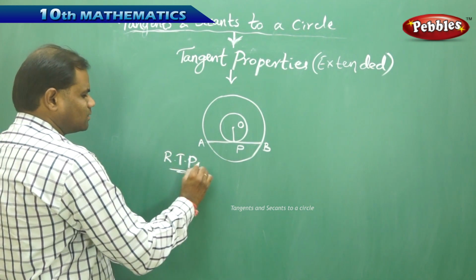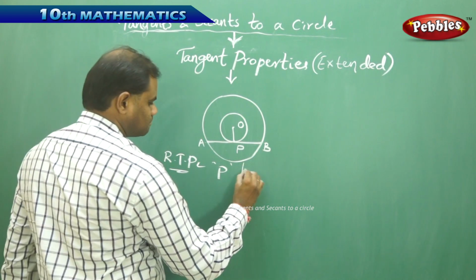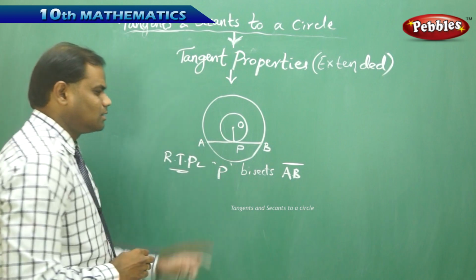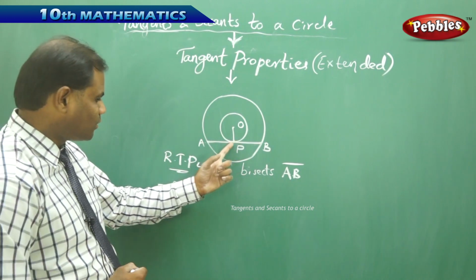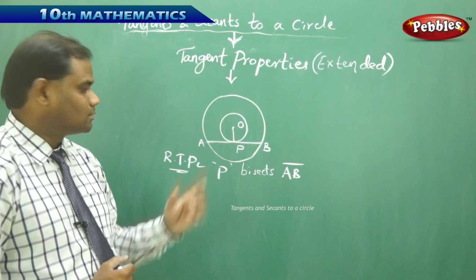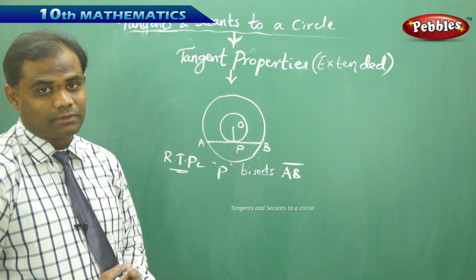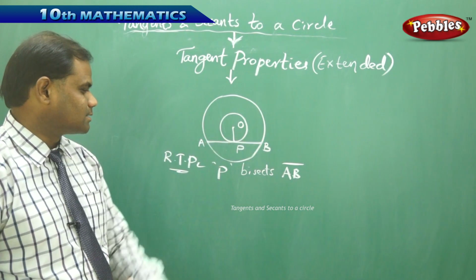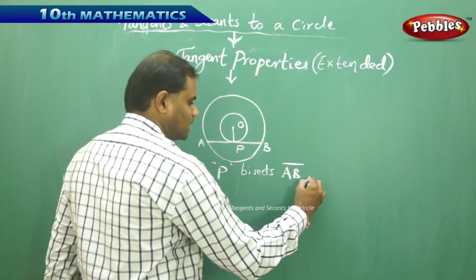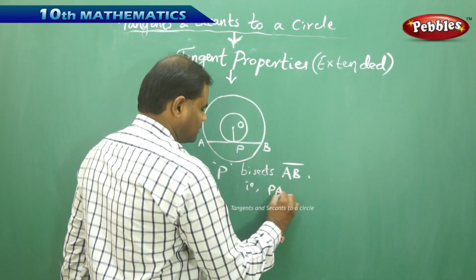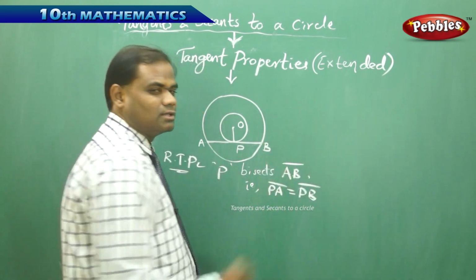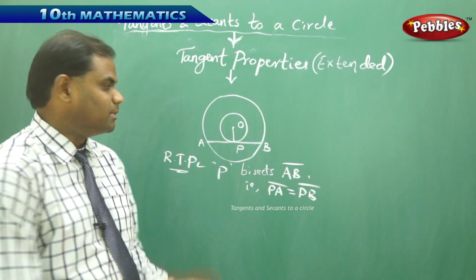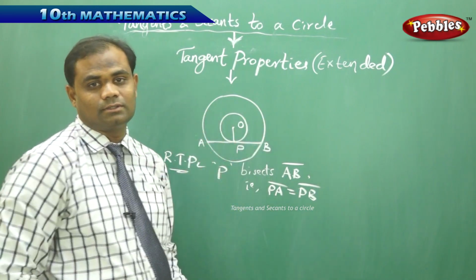Now I need to prove here that P bisects AB. That is, the point of contact in this situation always bisects the chord AB, which is what we need to prove here. That is, the point of contact for the smaller circle must bisect AB. That is, I have to prove that PA is equal to PB in the case of the concentric circles, the bigger circle and the smaller circle.